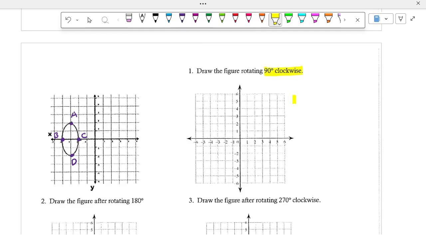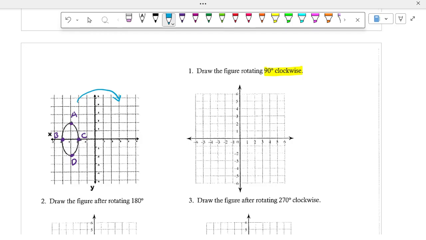Before we even rotate, let's discuss. For A, if I'm rotating 90 degrees clockwise, that means we're rotating this way. What quadrant will A end up being in?